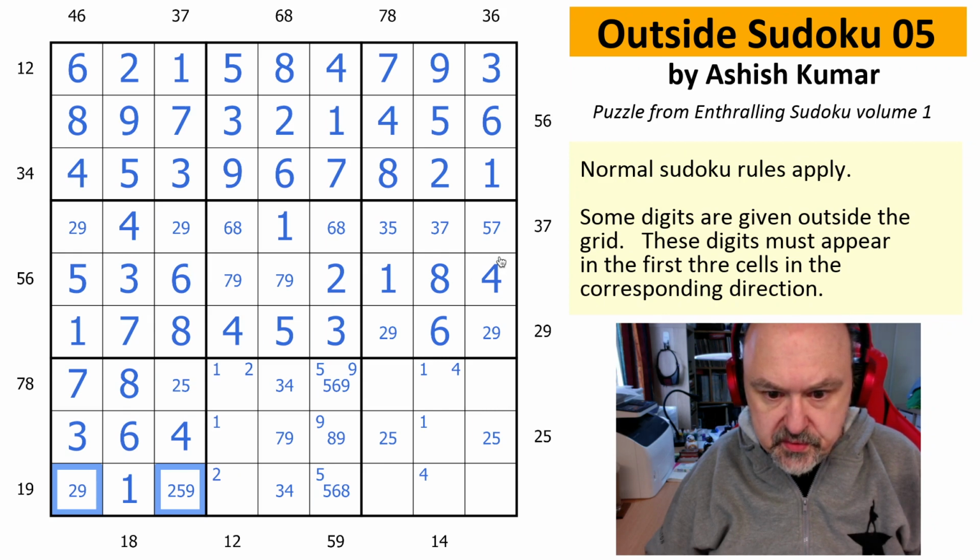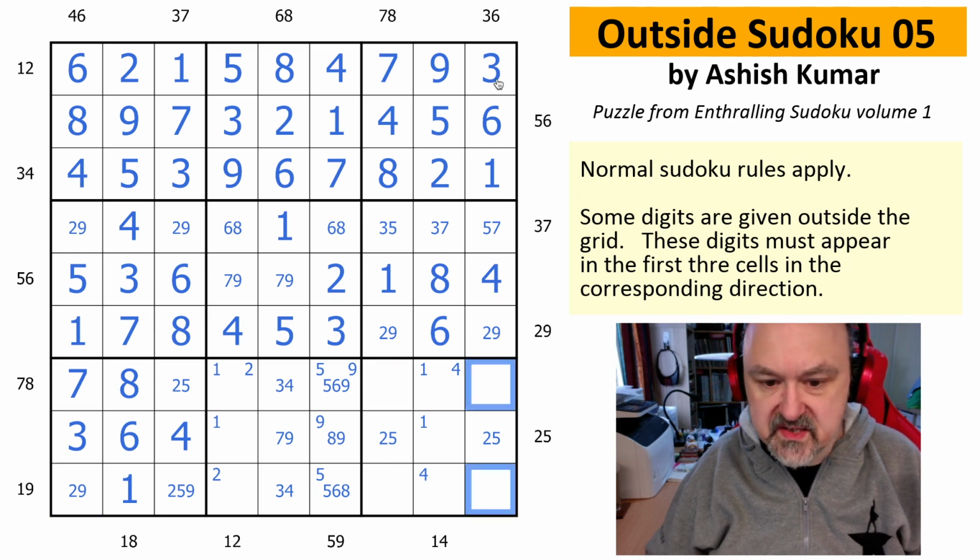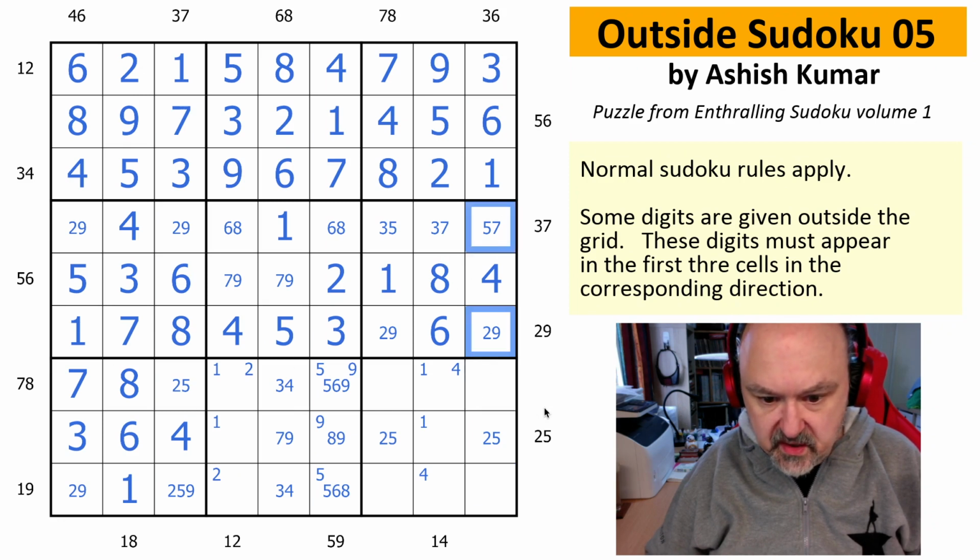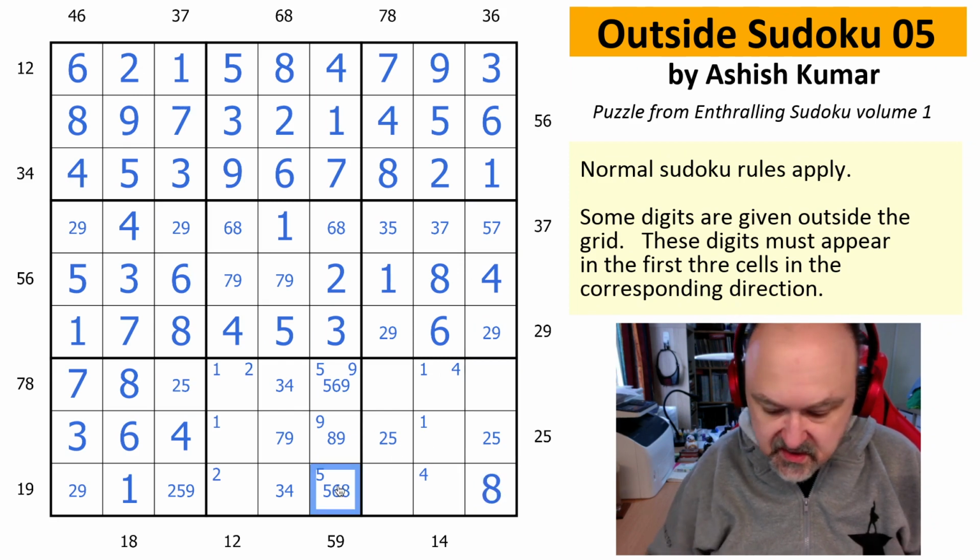So 2, 5, 7, 8, 9. Where does 8 go in this column? Can't go in either of those, can't go in either of those because that's a 2, 5 pair, so that becomes an 8, takes 8 out of there.